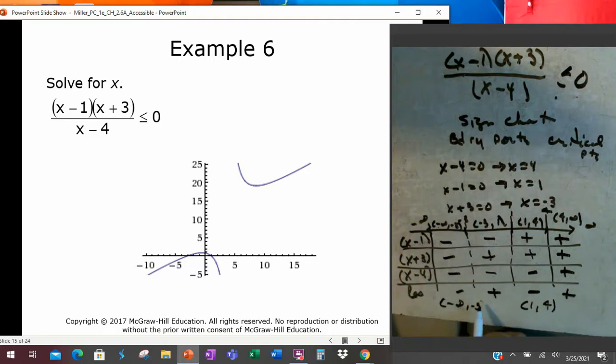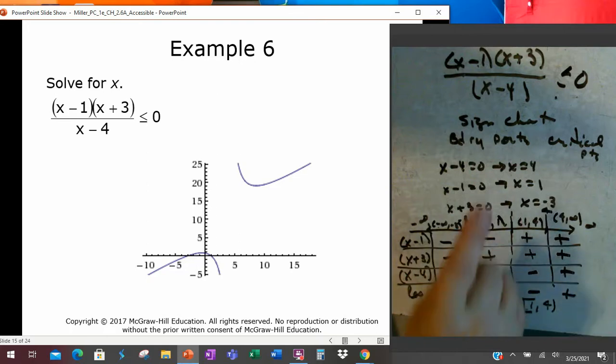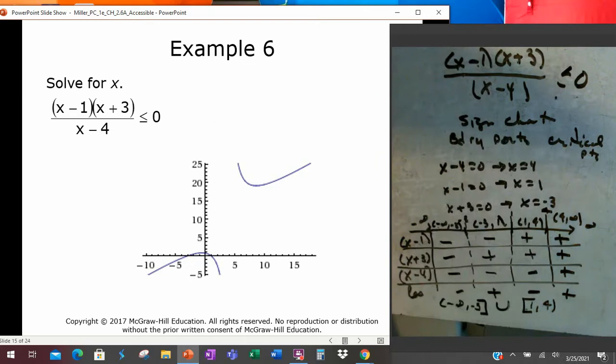So -3, that's a 0, so I include that. Union sign, and I include the 1. So that gives me all of the things that I want greater than or equal to 0, here to here, here to here, and I include the zeros, but never a vertical asymptote.